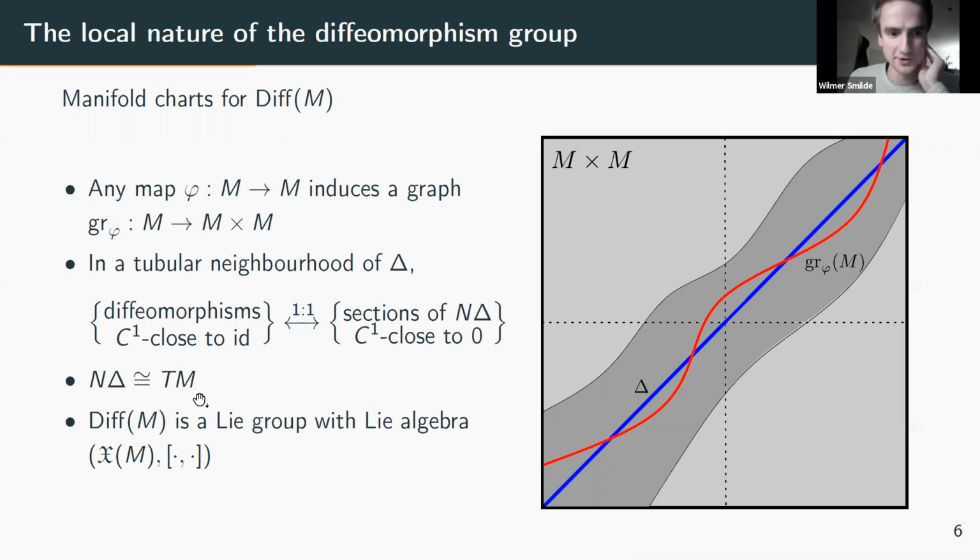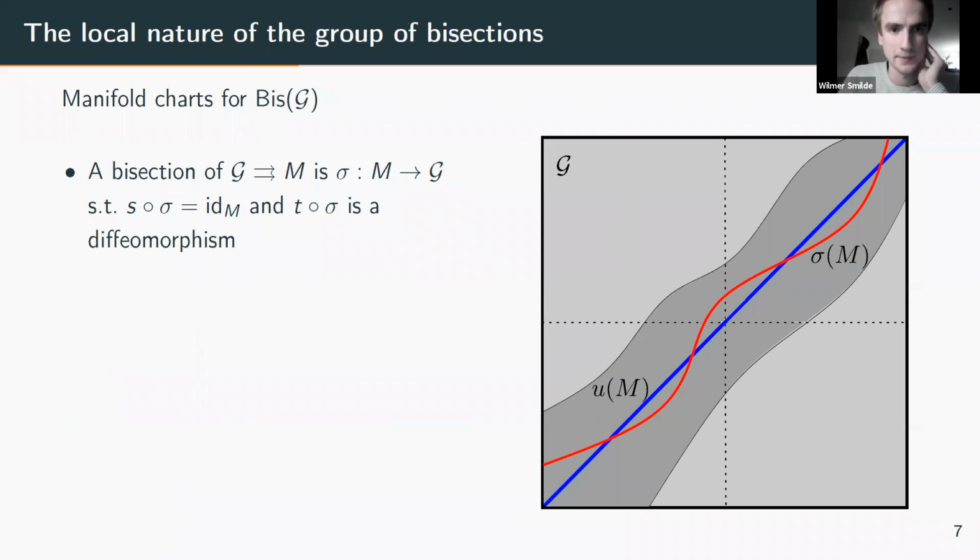And as a conclusion, you can prove that the diffeomorphism group is an infinite dimensional Lie group with Lie algebra given by the space of vector fields with the usual Lie brackets. More generally, you can look at bisections of a groupoid. Bisections of a groupoid are a sort of generalized diffeomorphisms.